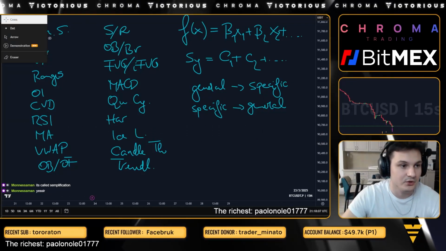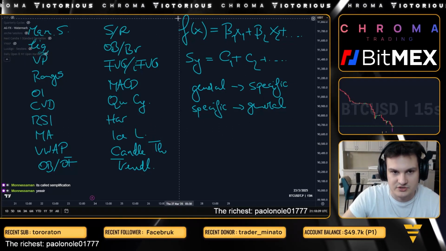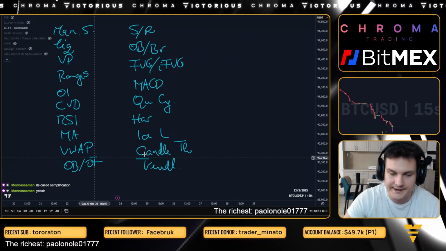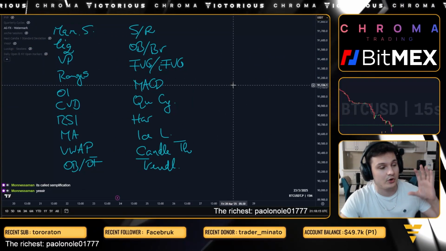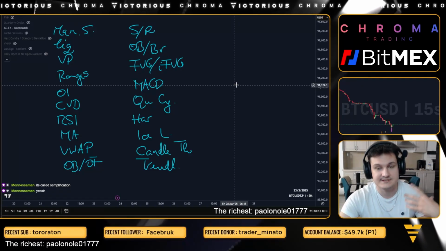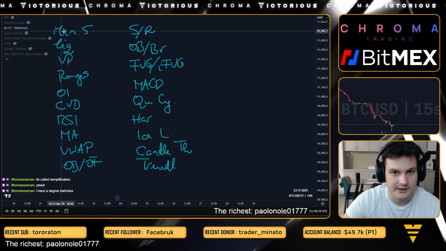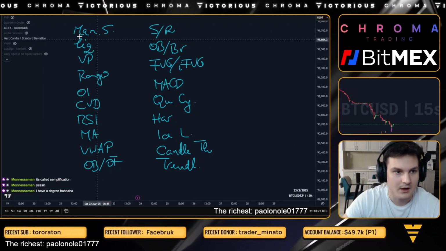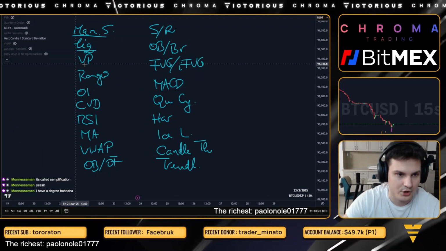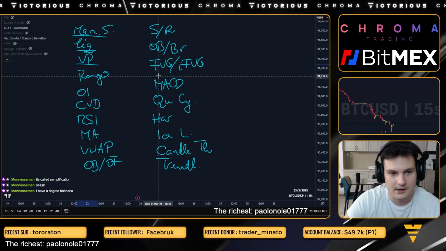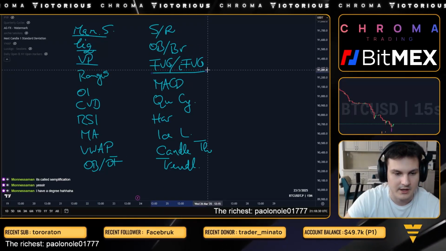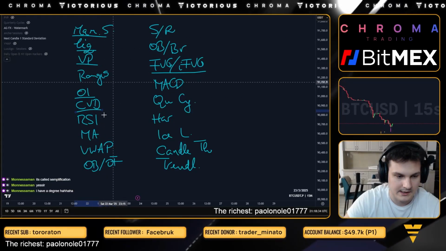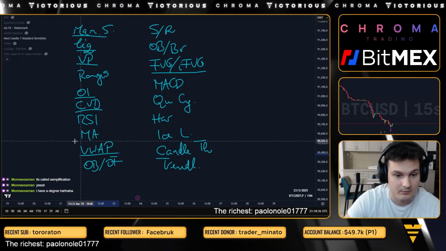let's say you want to start general to specific, right? The thing you need to do is, of course, even 19 is too many in the beginning. Decide on 10. Let's decide together on 10. I want to use market structure, liquidity, volume profiles, fair value gaps and inverse fair value gaps, open interest, CVD, VWAP, moving averages.